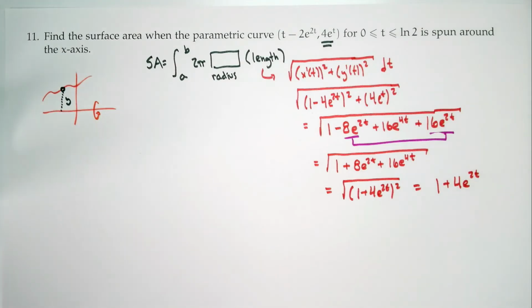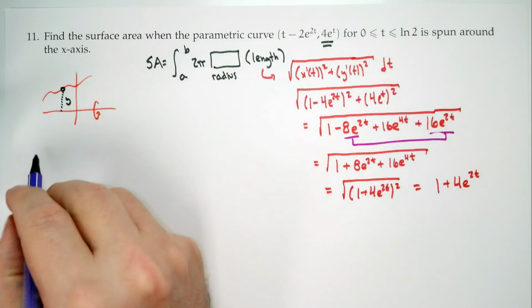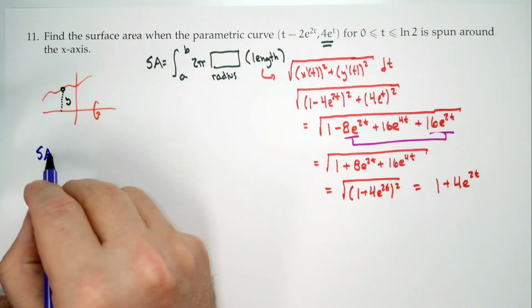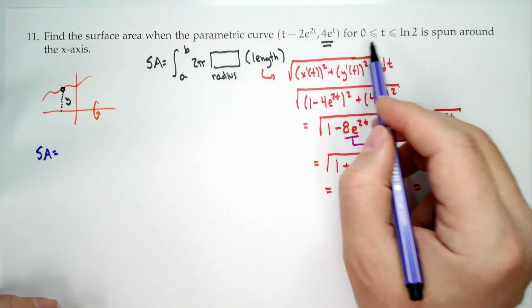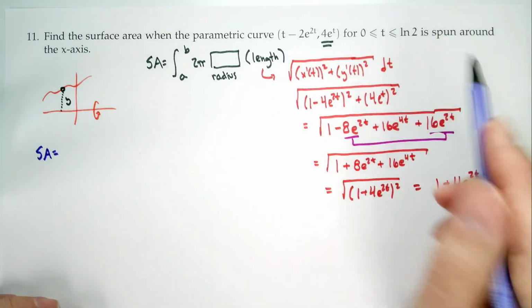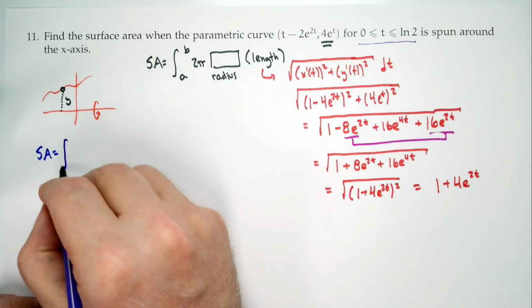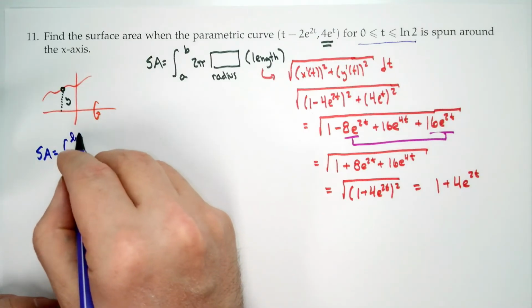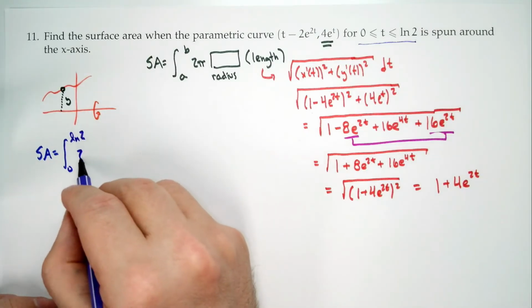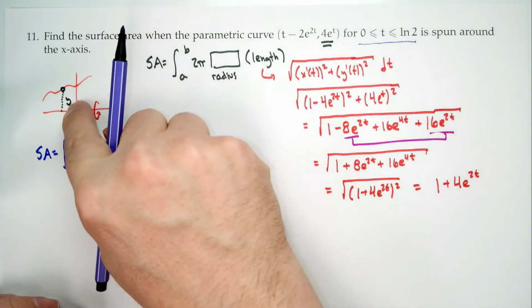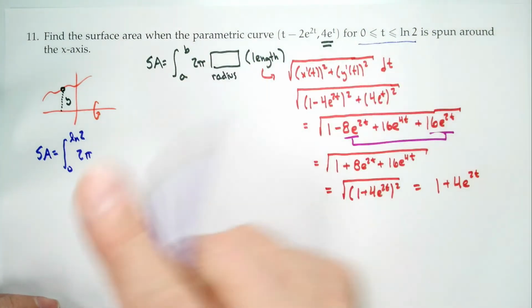All right. Now let's put this all together and let's see what we have. So here we go. We have that our surface area, well, a to b. Now, because it's a parameterized curve, we use our parameterization times. So 0 to log 2. The 2 pi is still 2 pi. The radius, that's the y, but y becomes that 4e to the t.